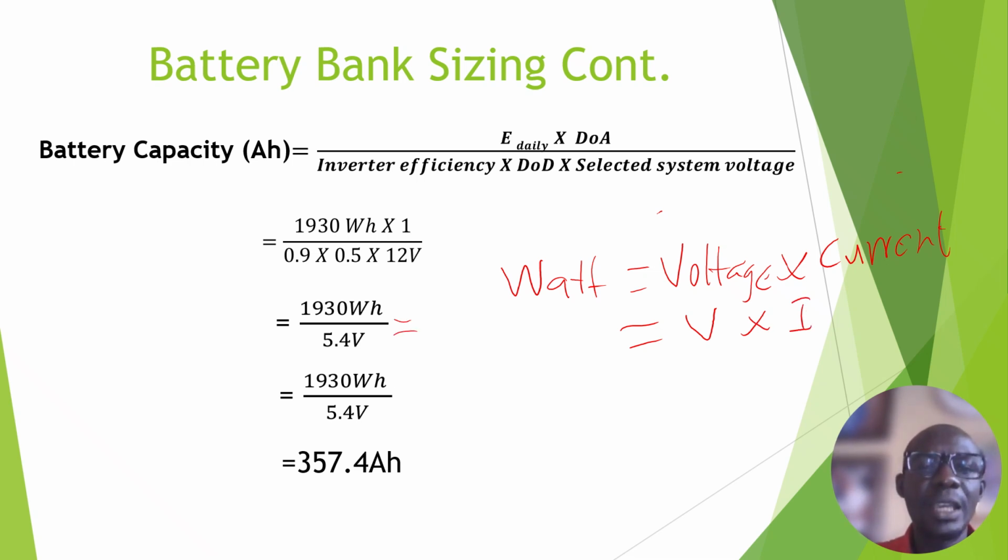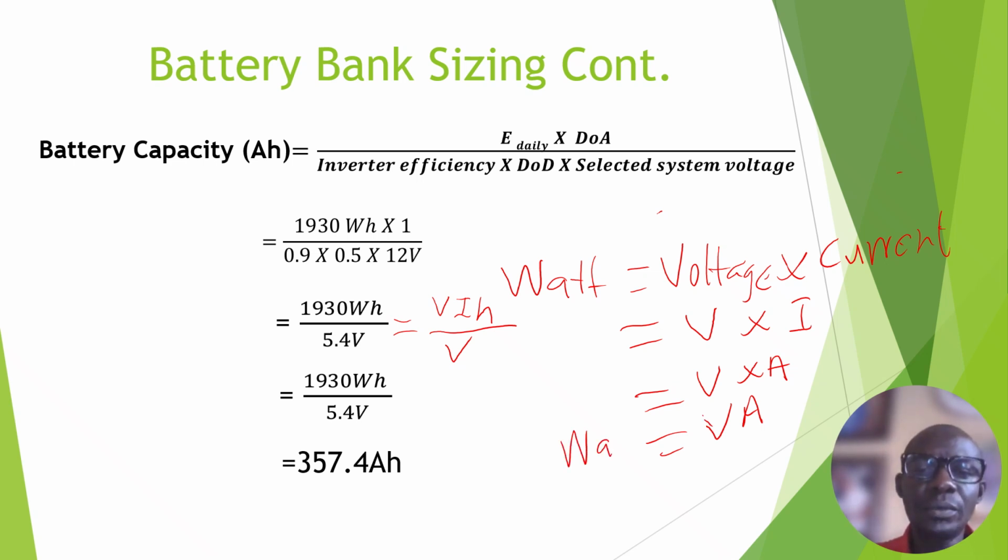So if my watt is changed to VI, and voltage is measured in volts and current is measured in amps, which is VA. That's my wattage. You get that?